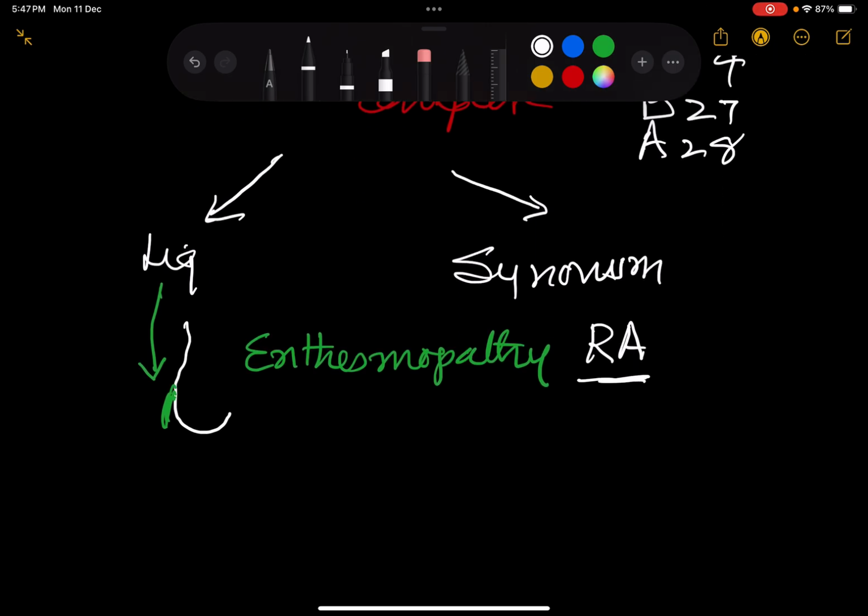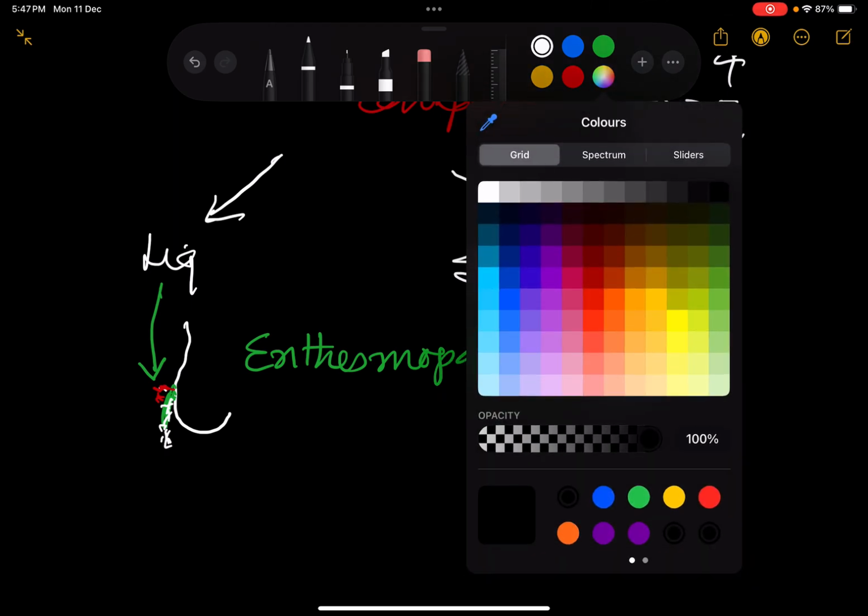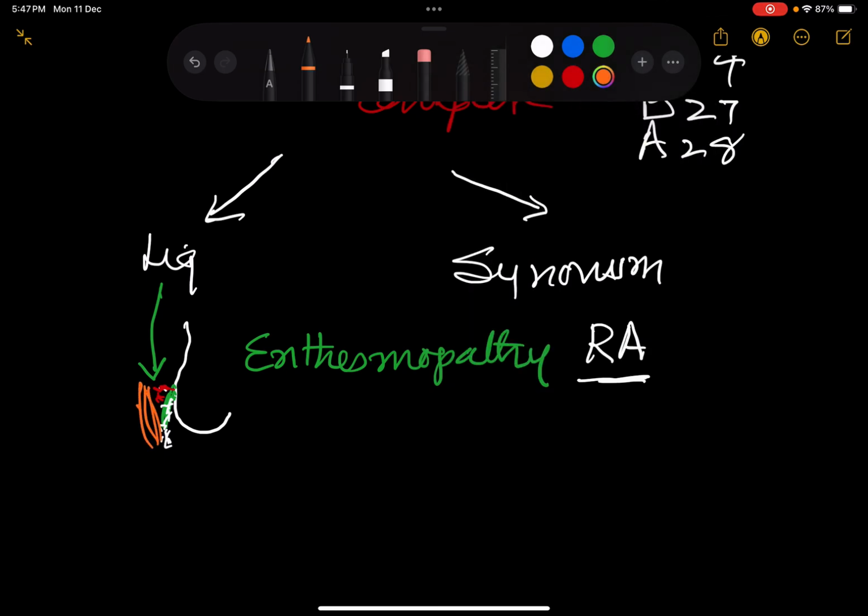And this type of involvement, where there is inflammation, there will be ossification of ligaments, and because of the muscles there will be muscle spasm, deformity. So this is the pathology of enthesopathy.